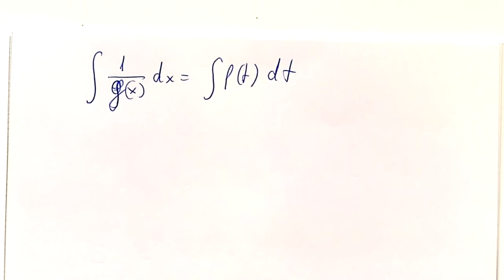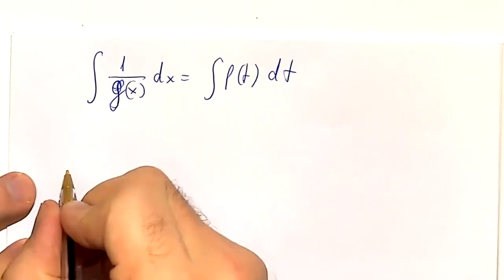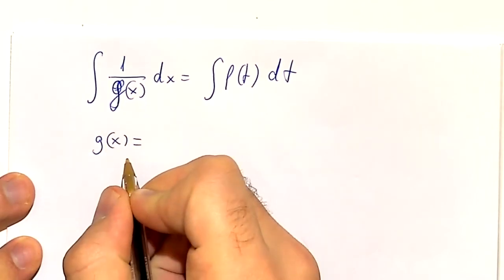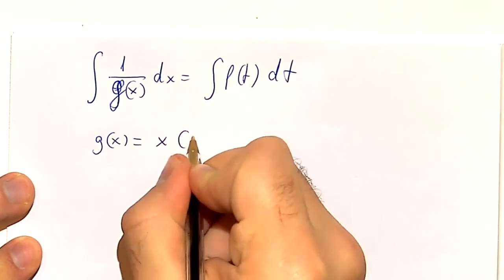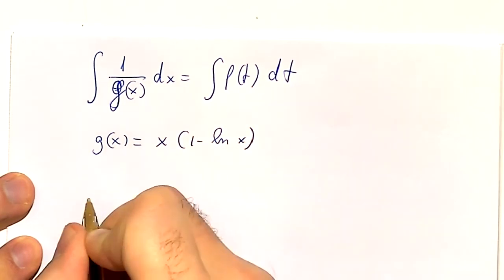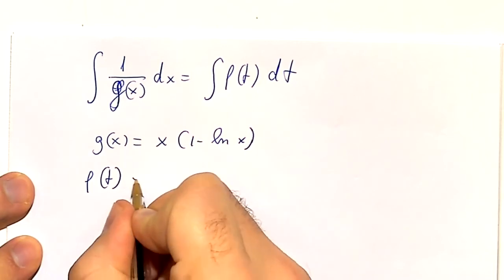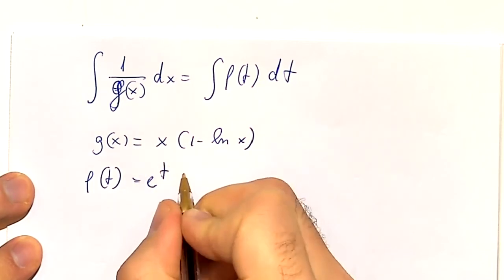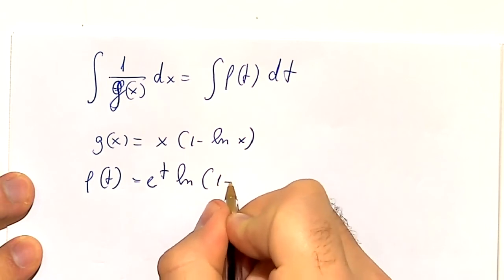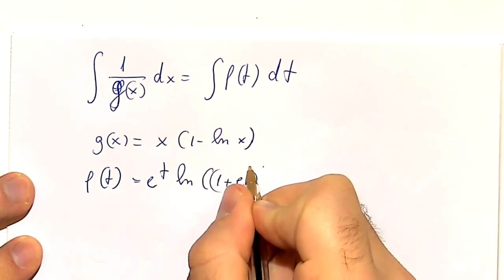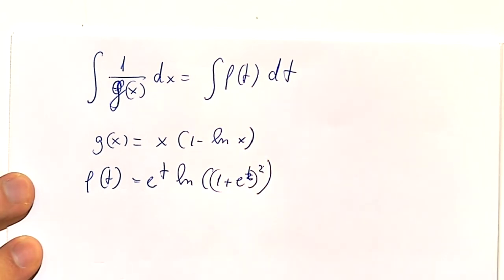I'm just gonna use the formula since I kind of memorized it myself by now. So remember, g of x is x times (1 minus log of x). F of t is equal to e^t log of (1 plus e^t) squared, whatever it is.